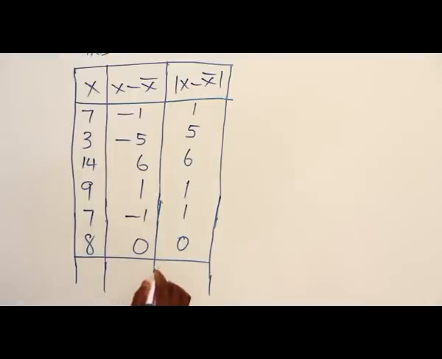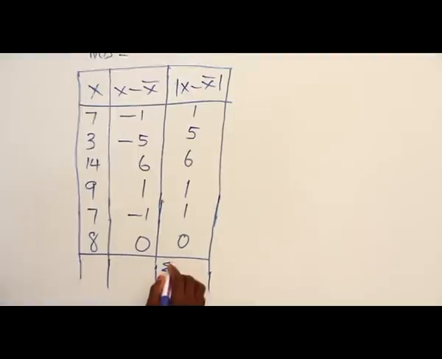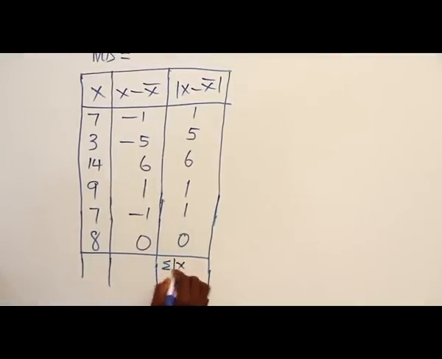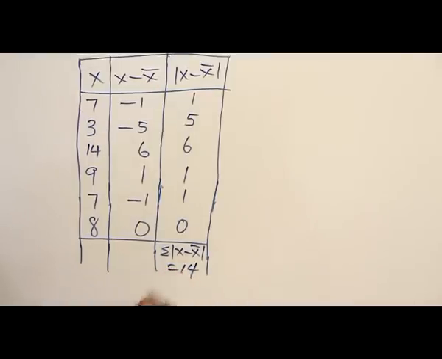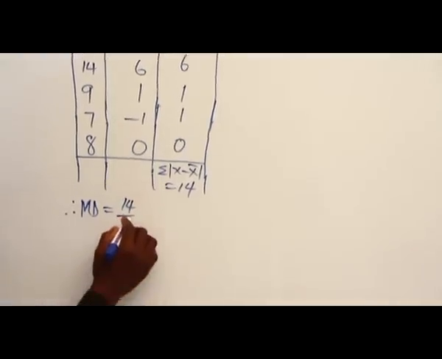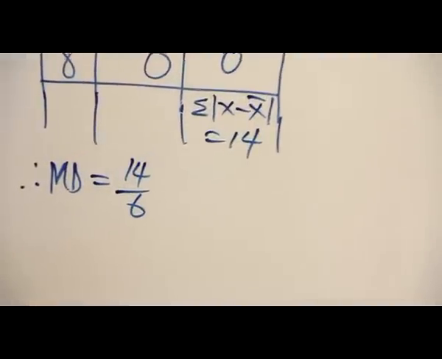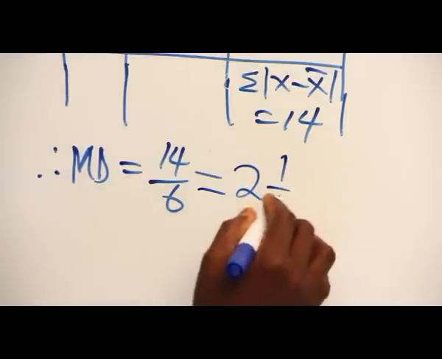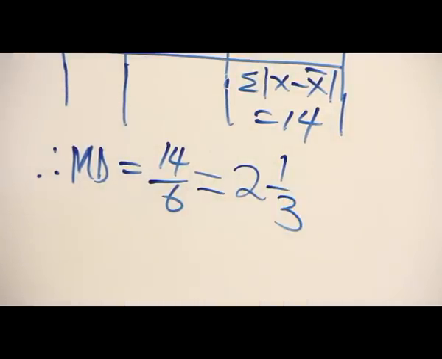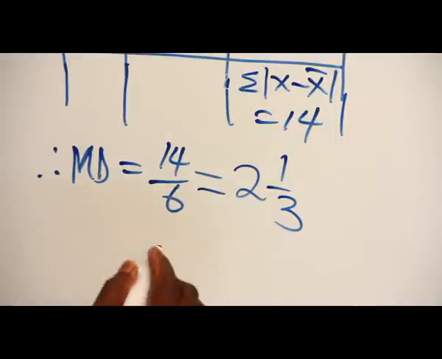If we sum up sigma |x minus the mean of x|, it will give us 14. Therefore, the mean deviation equal 14 all over 6, equal to 7 all over 3. So the correct option is D.